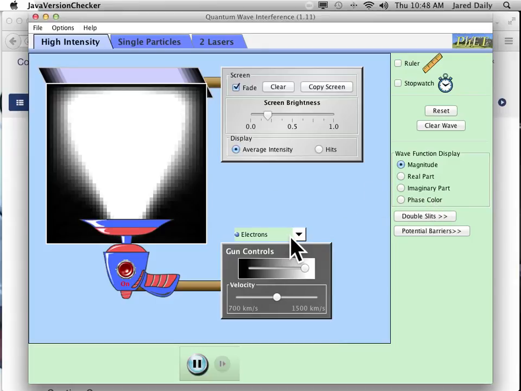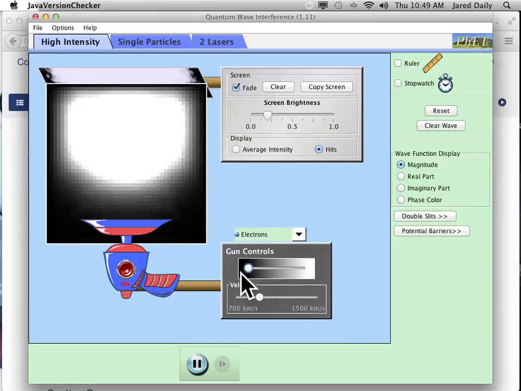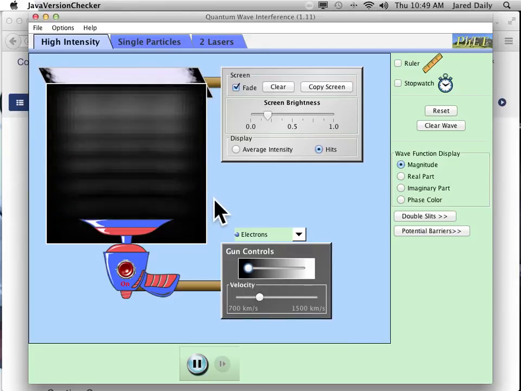So here I've got my electrons coming out, and we'll do hits. So we're looking at hits. So those are the number of hits that we've got. That's great. And we're going too fast, so let's go down to low intensity, and let's reset it.